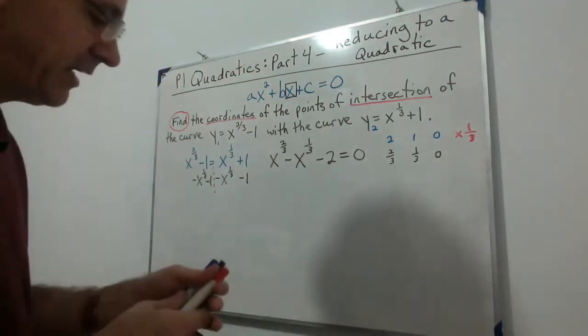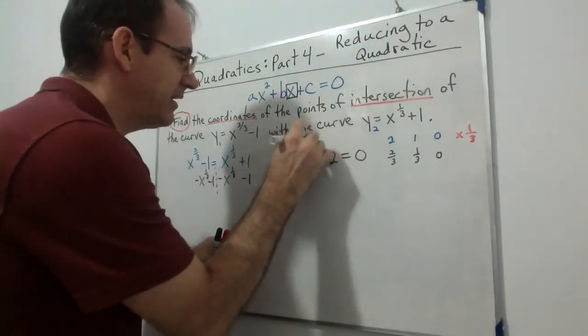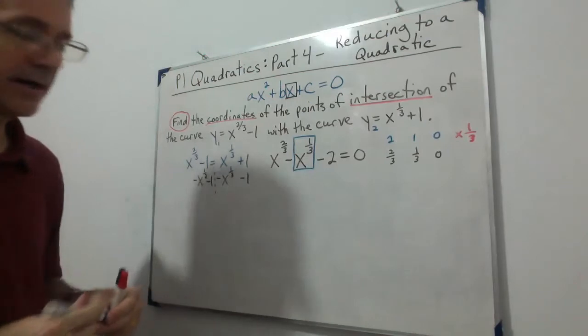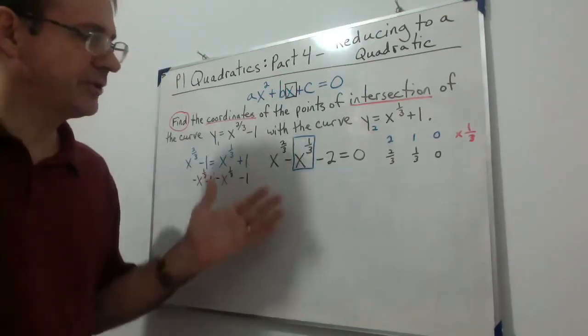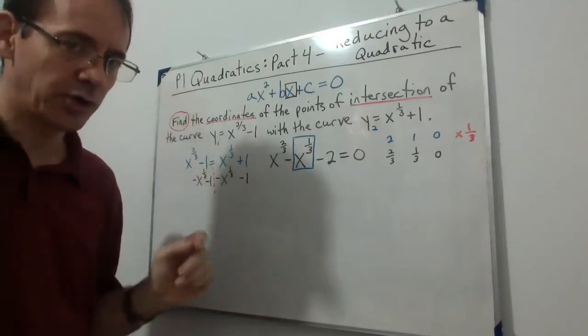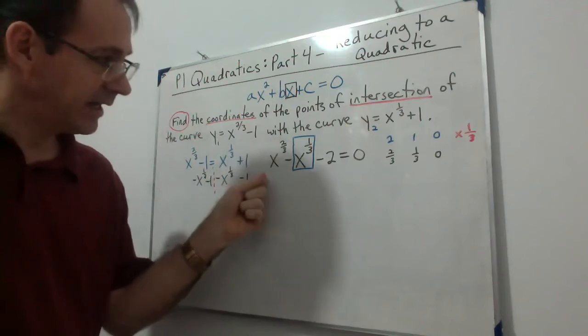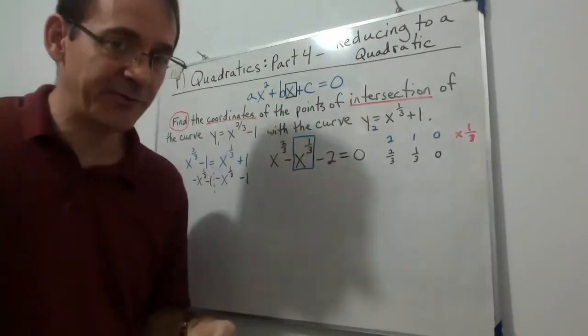So that means the key is this one right here. This is our key in our solving process. Now, like I said, you can use any quadratic tool that you want to. Yes, this does factor, and you should be working on your factoring skills.